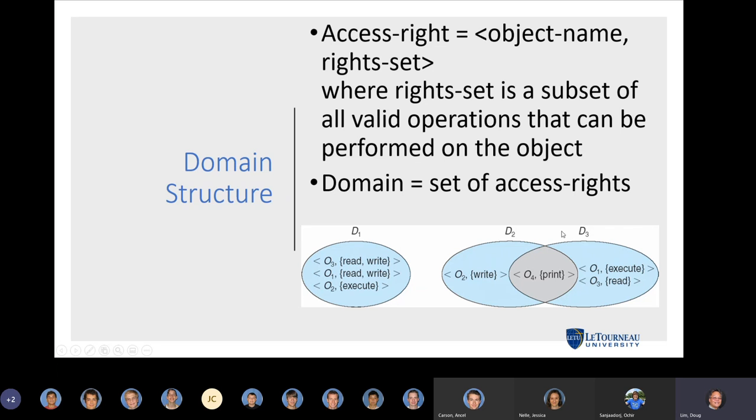And then you can see that in domains 2 and 3, there's actually overlap between those domains, where object 4 has print capabilities for both domain 2 and 3. So again, the access given to domains does not have to be mutually exclusive. You can have multiple domains that have permission to do various operations.